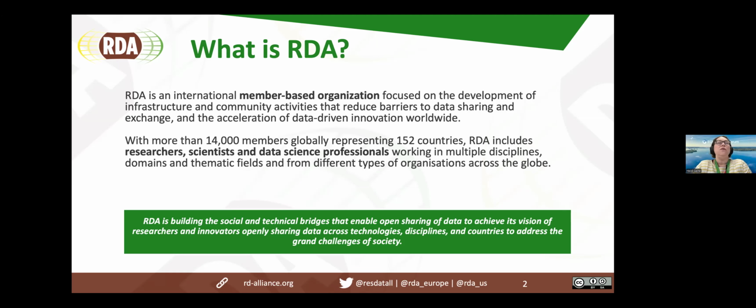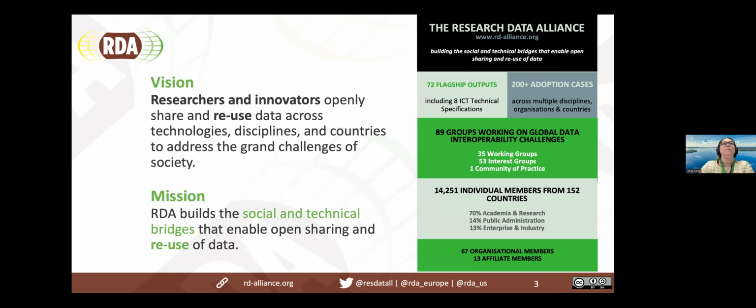It's quite a big organization nowadays, with more than 14,000 individual members all around the world. 152 countries are represented, so it's kind of starting to be at this kind of UN level, at least in scope. And I have some data to show you about the membership in the upcoming slides.